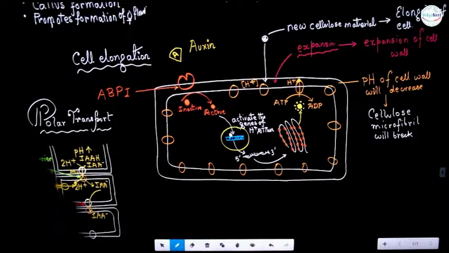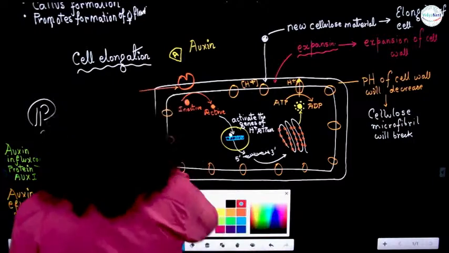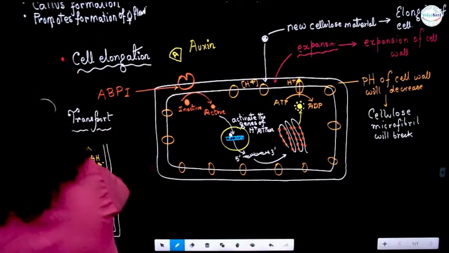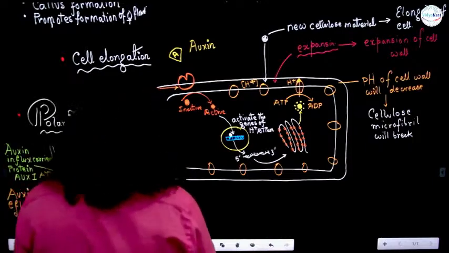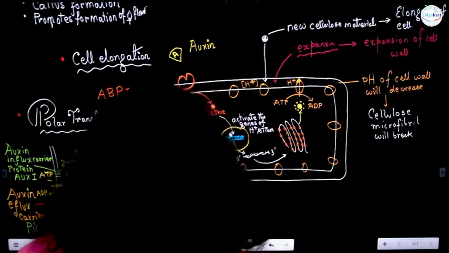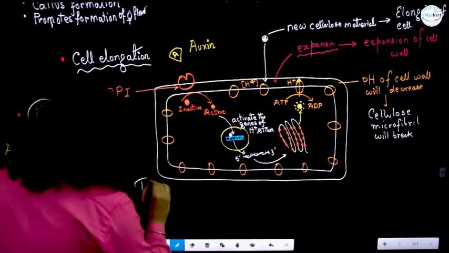So after this polar transport and cell elongation, we can also study how auxin is responsible for parthenocarpy.